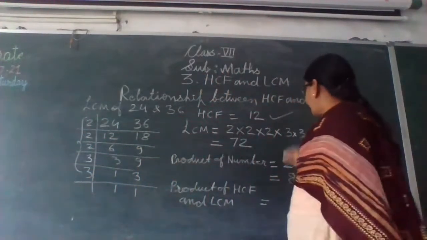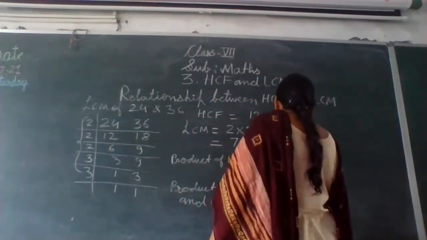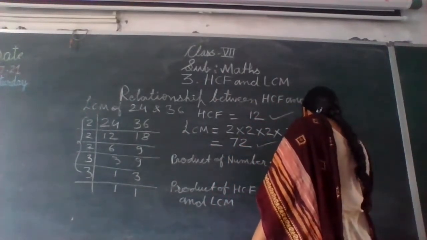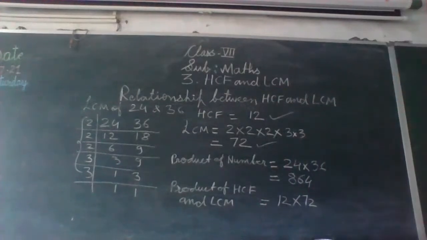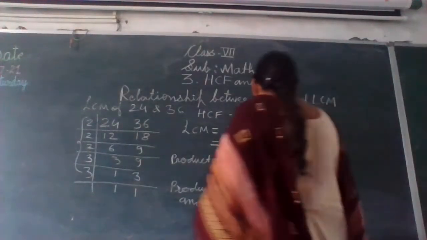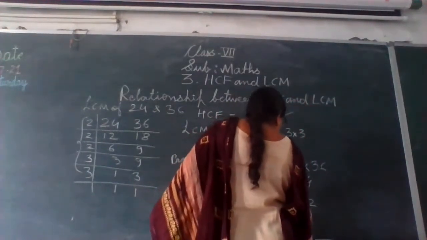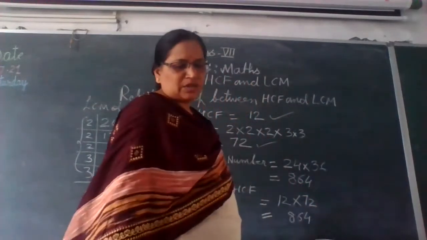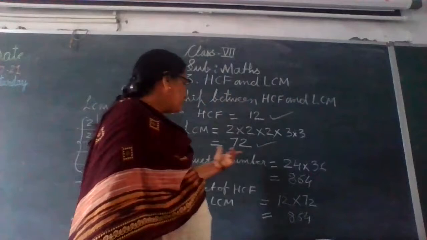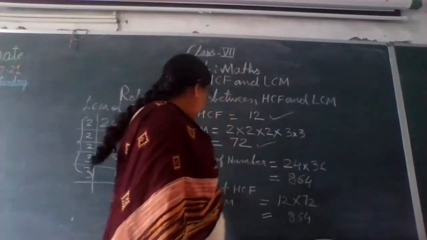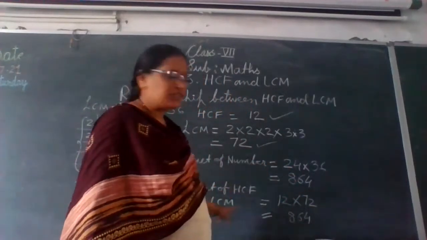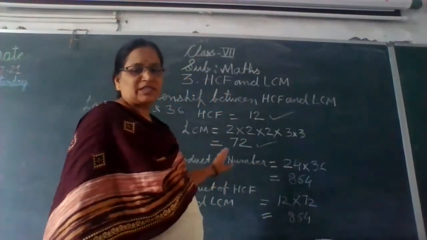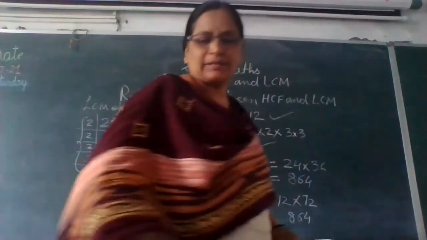HCF is what? 12. And LCM is 72. Okay, multiply 12 by 72. What do you get? 12 twos are 24, 864. Now see, the product of the numbers is 864 and the product of their HCF and LCM is also 864. So here we satisfied our relation between HCF and LCM.